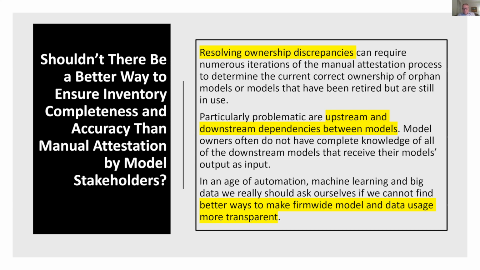And the reason for that, again, is very often these models will be in analytic libraries, and they can be checked out and used by anyone who has permission to access them. And the model owners generally are not informed of that. They would tell me, well, we know about the users who call us up and ask us about our models, but we don't really have complete knowledge of who all the users of our models are.